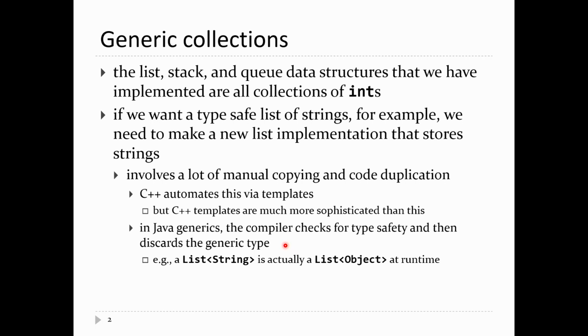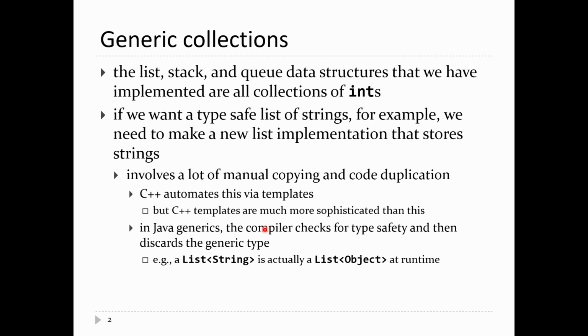The compiler checks all of that and then throws away your type. So at runtime in Java, a list of strings is actually a list of object. Java does what's called type erasure. It throws away the generic type and hides all of the casting that you have to do from the programmer. That saves you from having to do any code duplication.